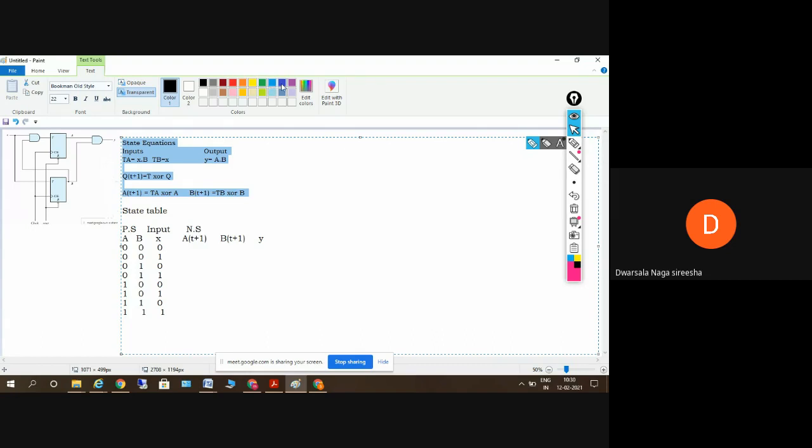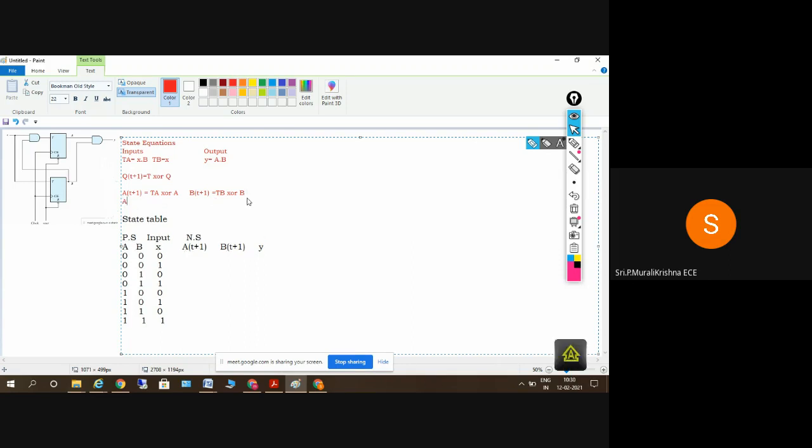So what is a of t plus 1? A of t plus 1 is equal to TA XOR of a. What is the value of TA? X into b. So we'll elaborate the equation so that we understand a of t plus 1.